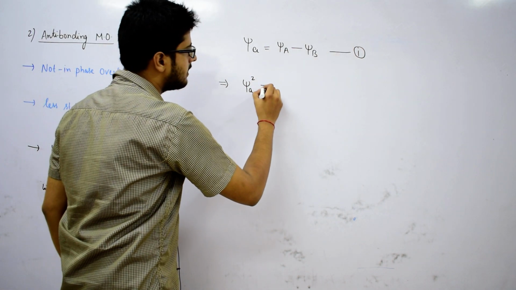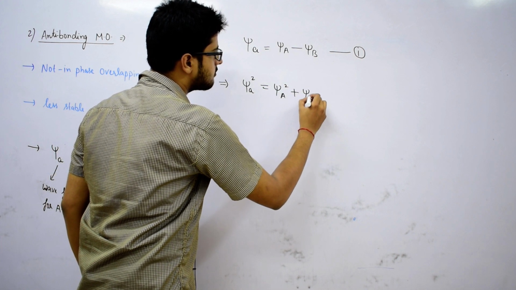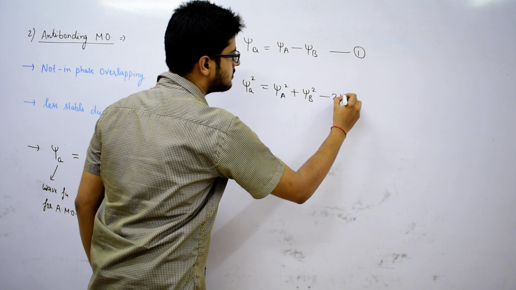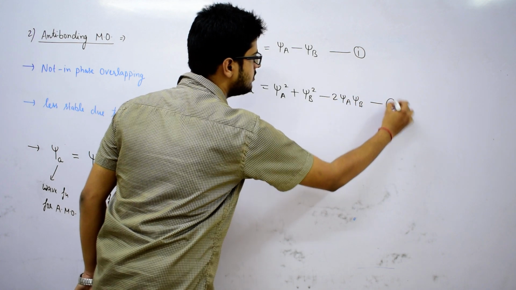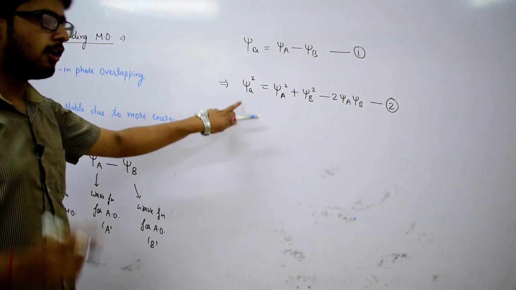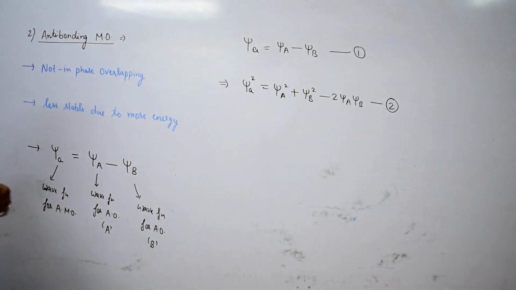So it would be psi A square plus psi B square minus 2 psi A psi B. So this is the next equation for the charge density of antibonding molecular orbitals. These are some of the features of antibonding molecular orbitals.